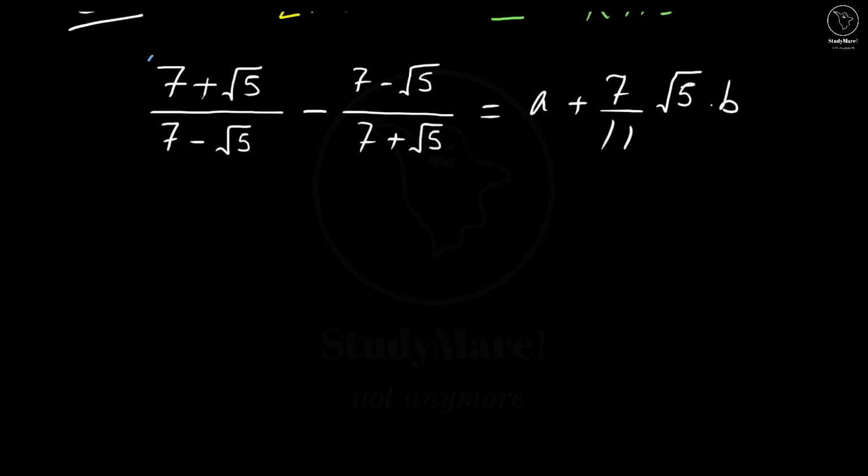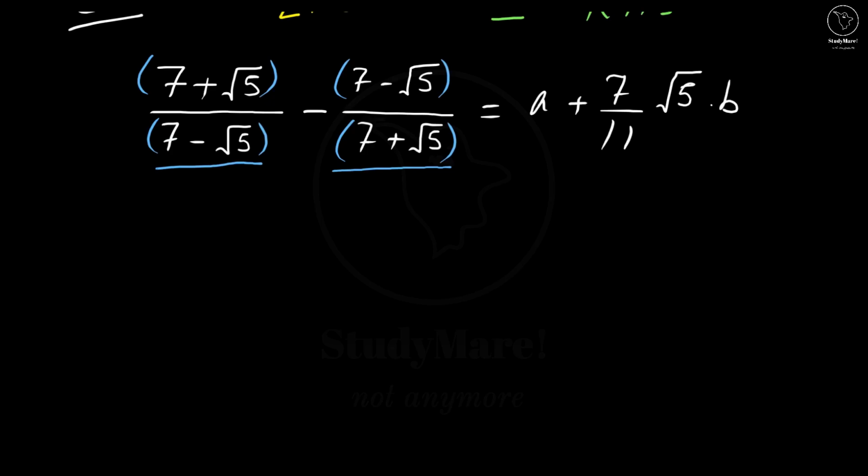You can put a bracket here just to avoid any confusion that may hamper your process. So now we have a denominator here, 7 minus root 5, and another denominator here, 7 plus root 5. These are two fractions, and the second is to be subtracted from the first one.